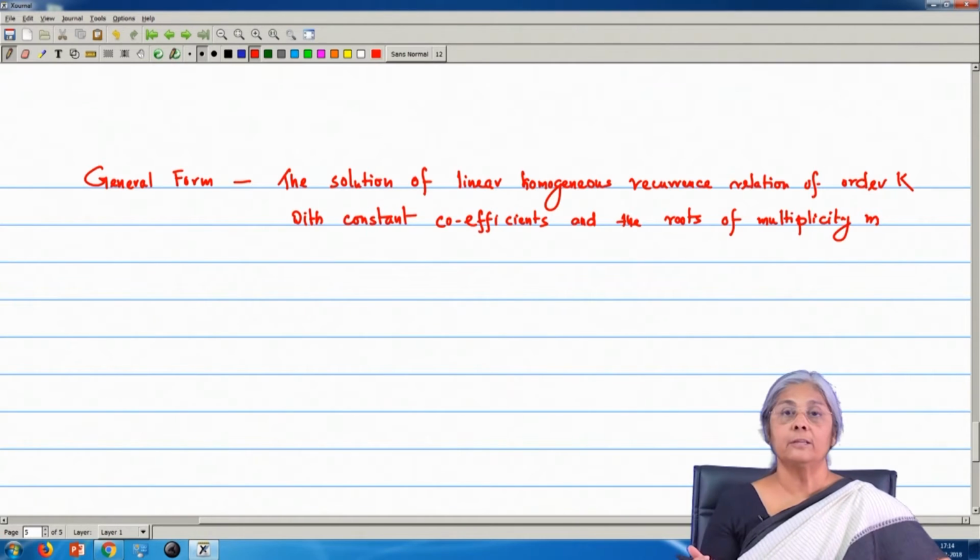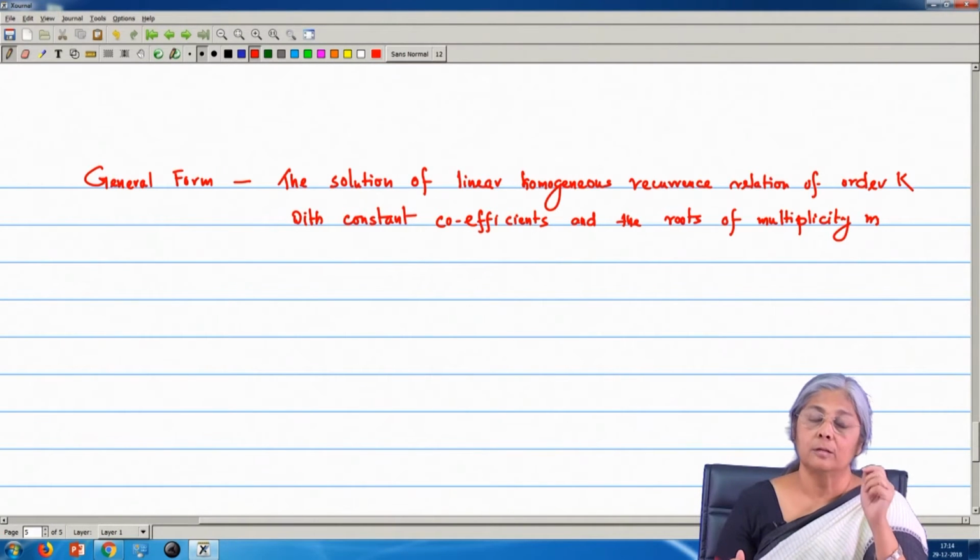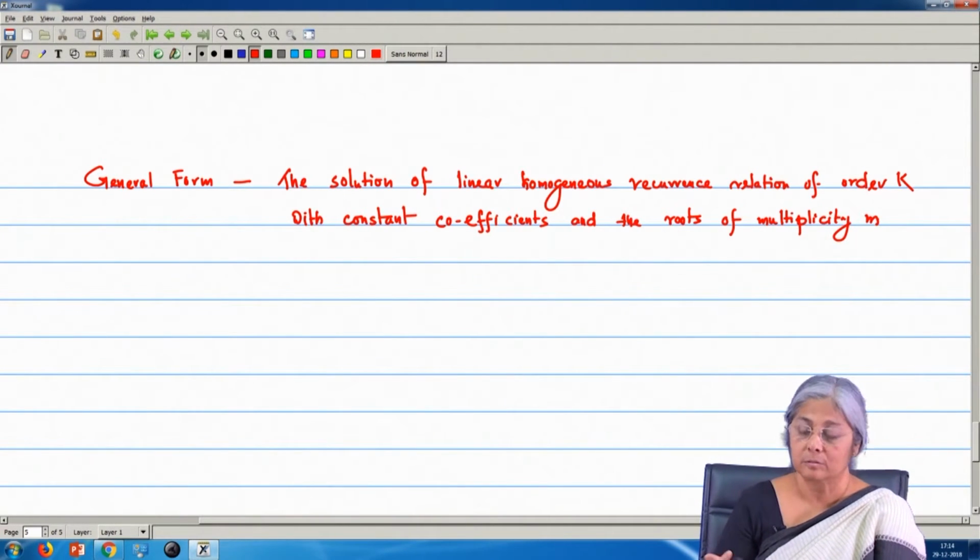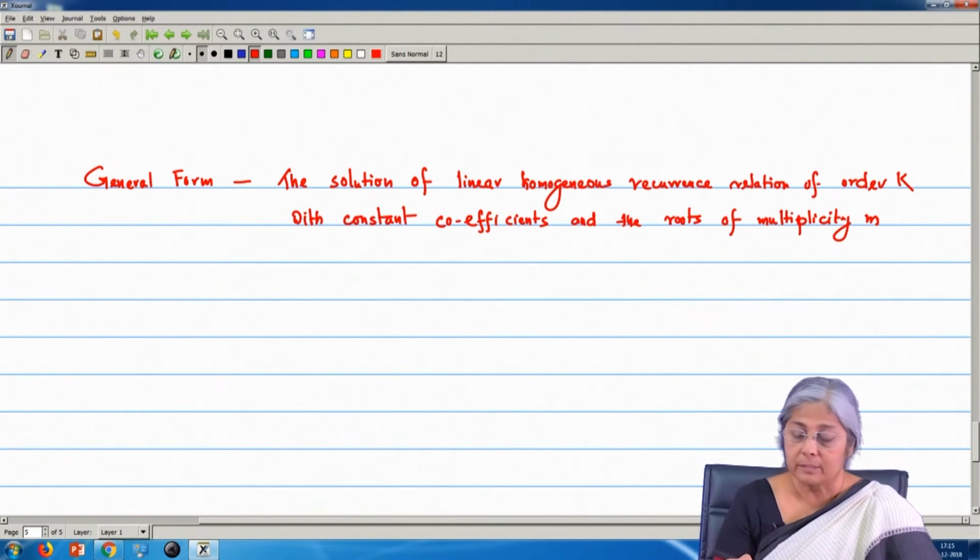So, for second order equation we have seen that both the roots are r.